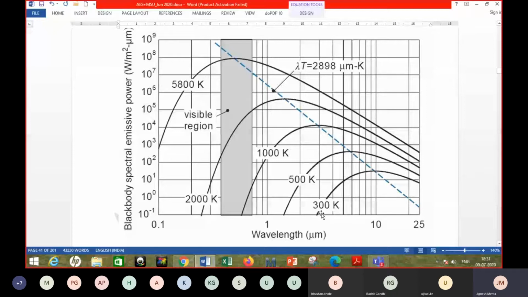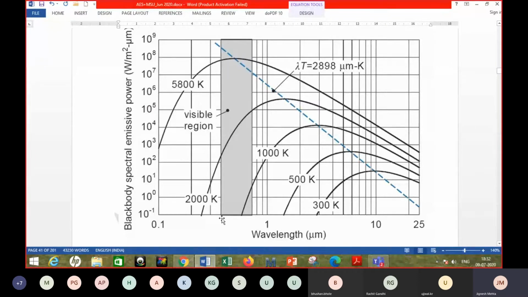With the help of this curve, you know at which wavelength more radiation is available from the sun and where it is low. Of course, this one is showing a somewhat limited range of wavelength, 0.1 micrometer to 25 micrometer.